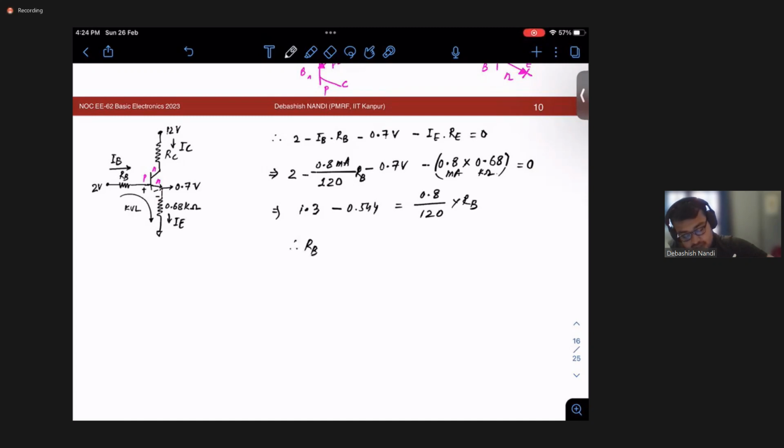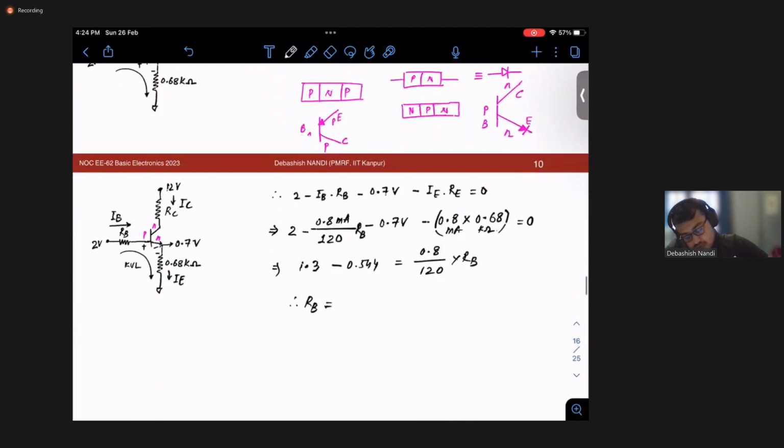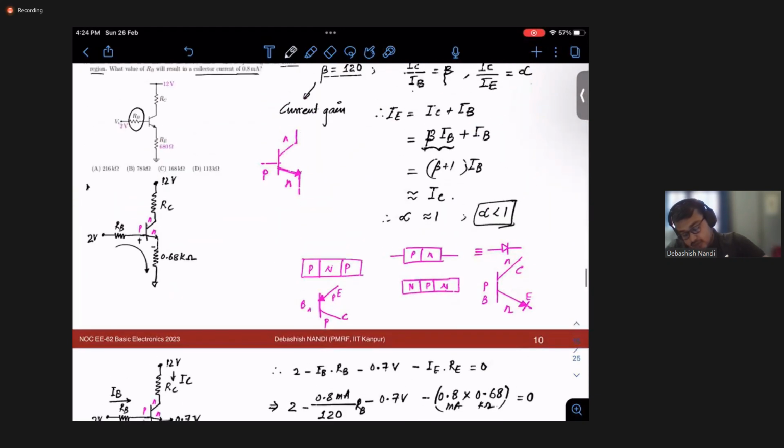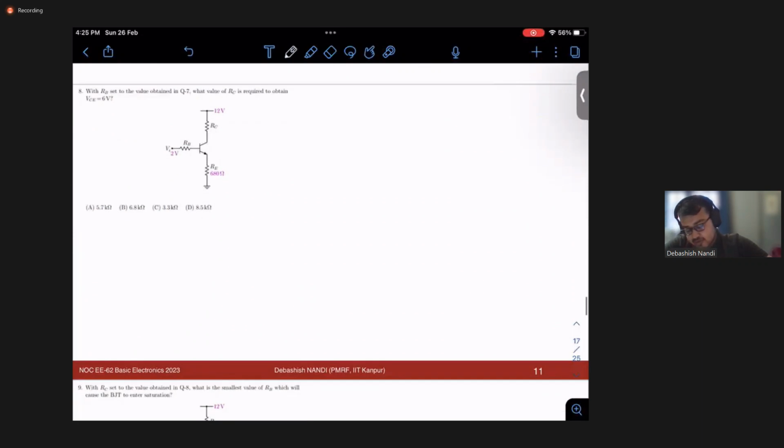So your RB is coming out to be 120 divided by 0.8, 113.4 kilo ohm, right? So your correct answer would be this D. In this way you can analyze these circuits very easily. So let's move on to the next problem.